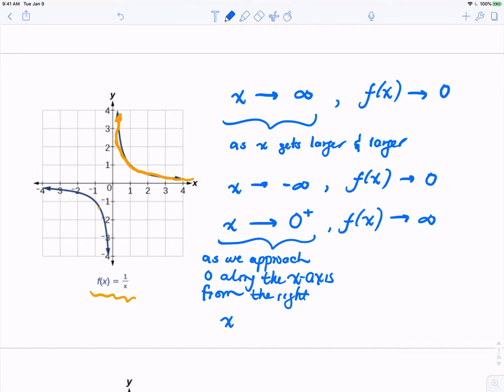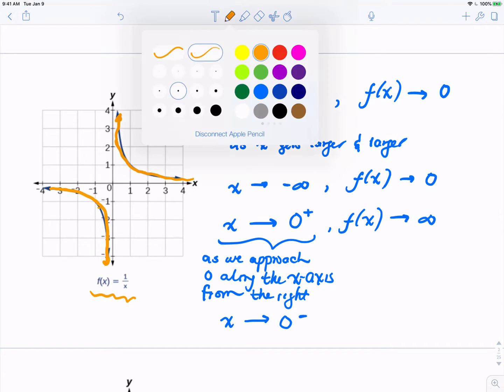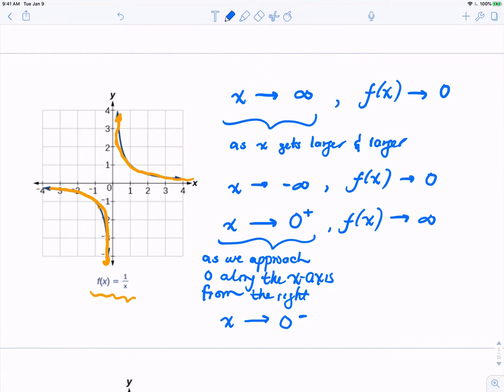But as x approaches 0 from the left-hand side, as we come from the other direction, we can see that something different happens. We're not getting bigger and bigger, we're getting smaller and smaller and smaller. In other words, as x approaches 0 from the left-hand side, f of x is approaching negative infinity.